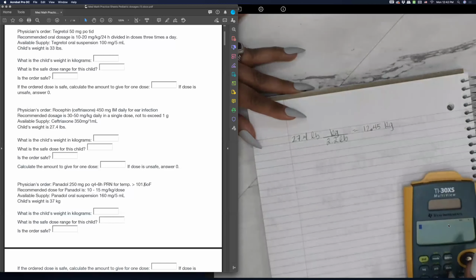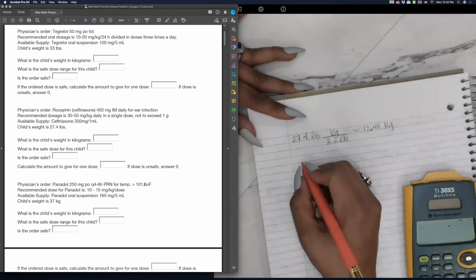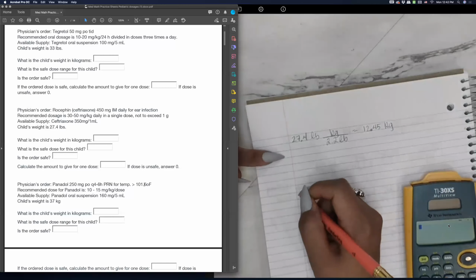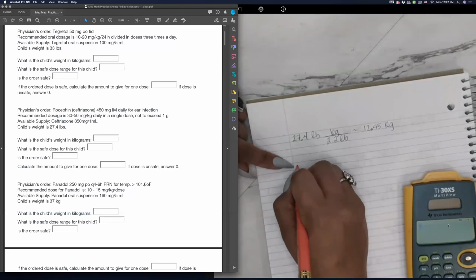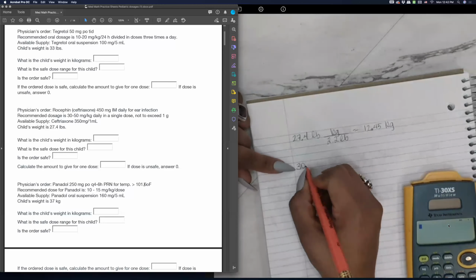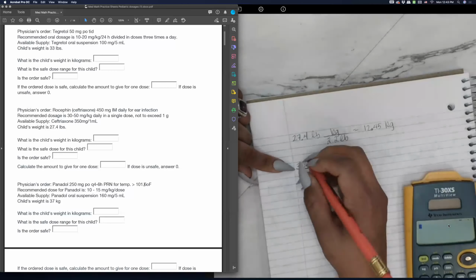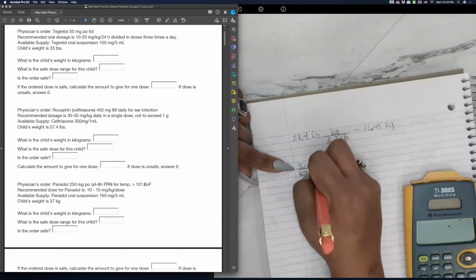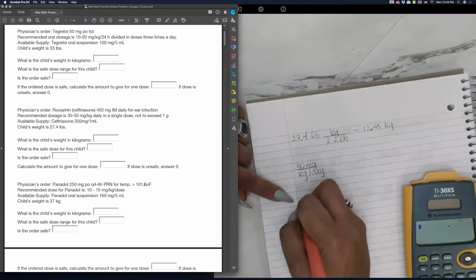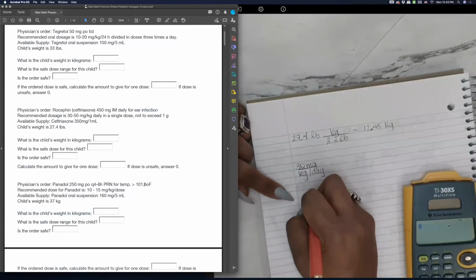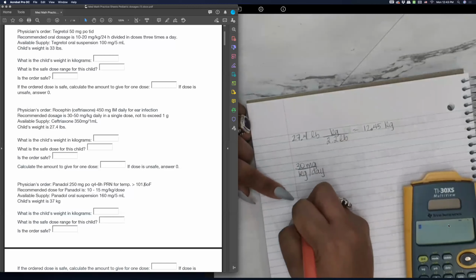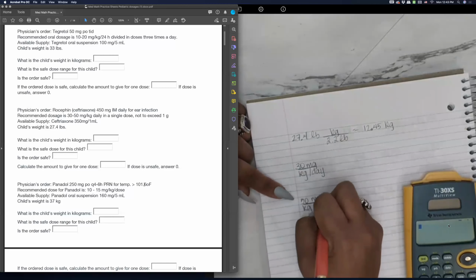Okay? And so because this value had a lot of trailing decimals, it's important to go ahead and do the setup this way. 30 milligrams per kilogram per day, so the daily. And then the high end of our range is 50 milligrams per kilogram per day.